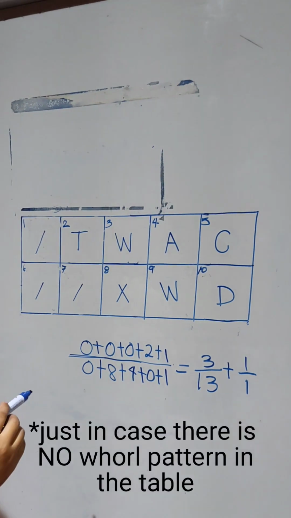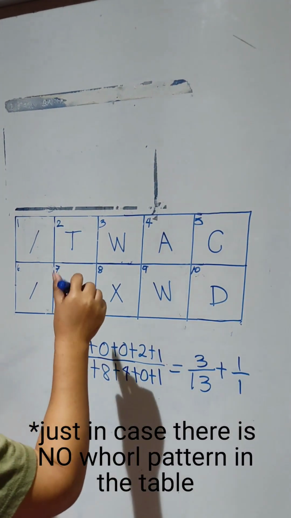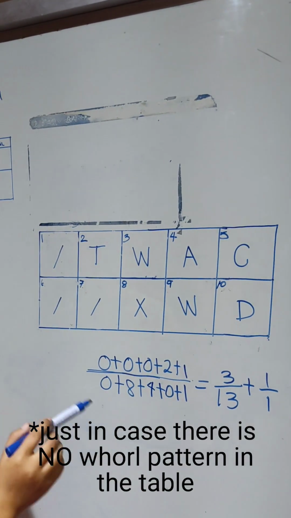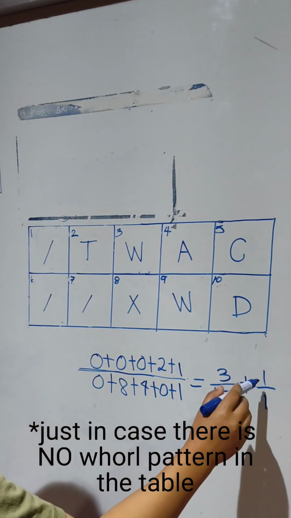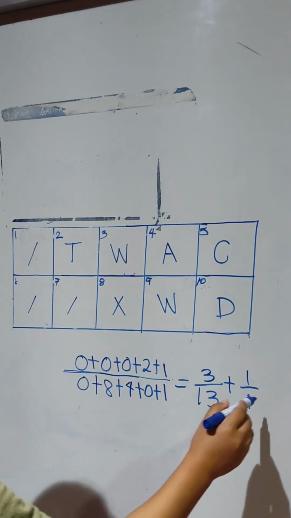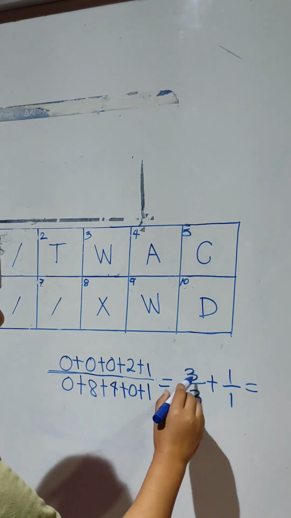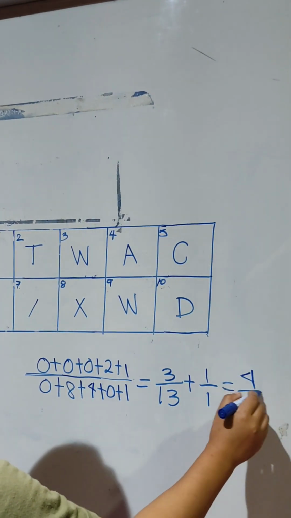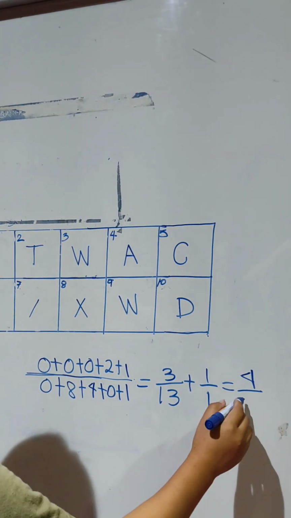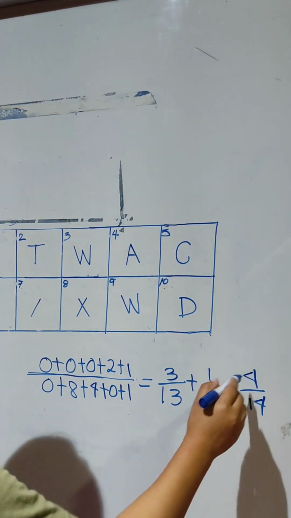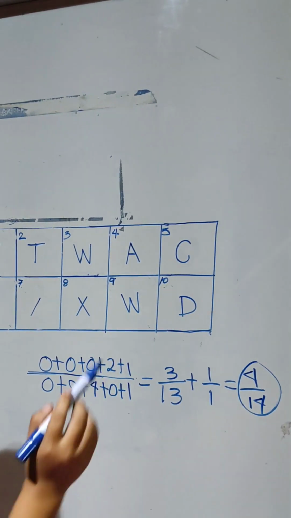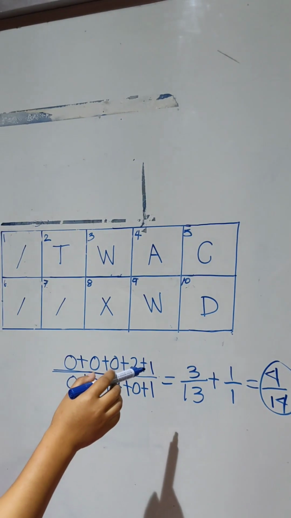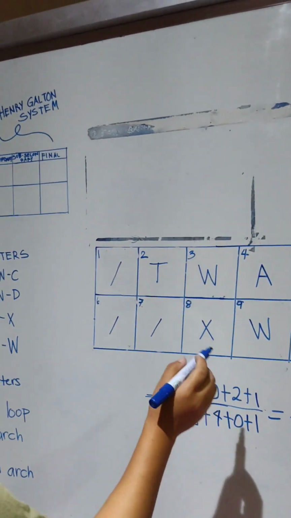Because just in case there is no whirl in this table, there is a backup, which is the pre-established 1/1. So we're going to add again: 3 plus 1 equals 4, and then 13 plus 1 equals 14. So this is our primary division. We're going to input it here.